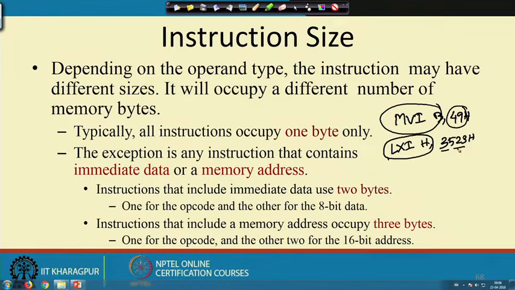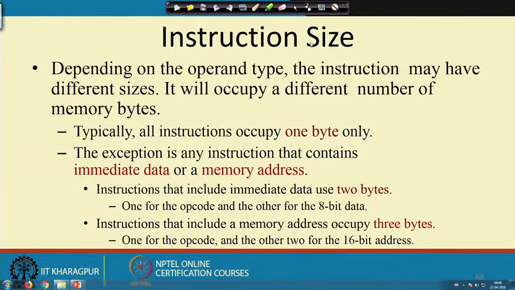That way we have 3 bytes. So, instructions that include immediate data use 2 bytes, one for opcode, one for the 8-bit data, and the instructions that include a memory address occupy 3 bytes, one for opcode and other 2 for the 16-bit address that we want to put.